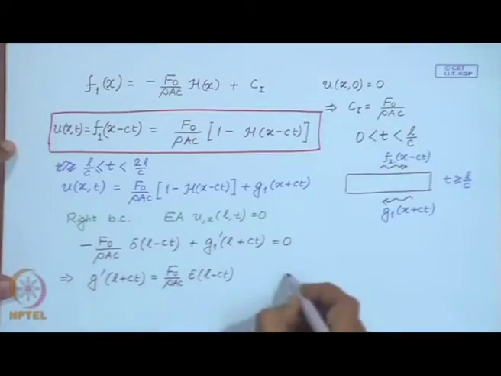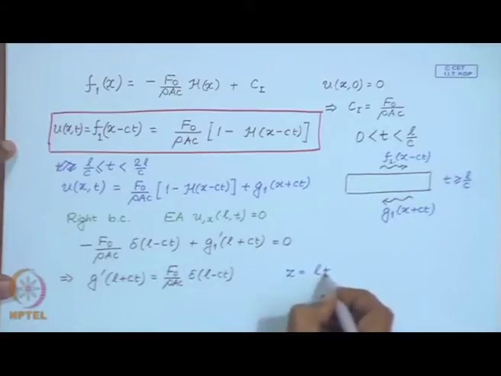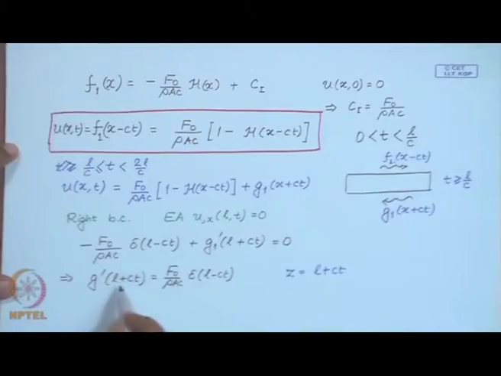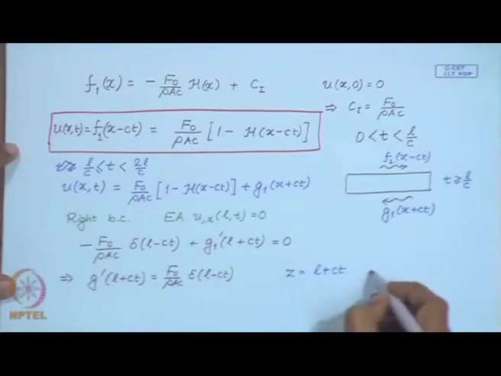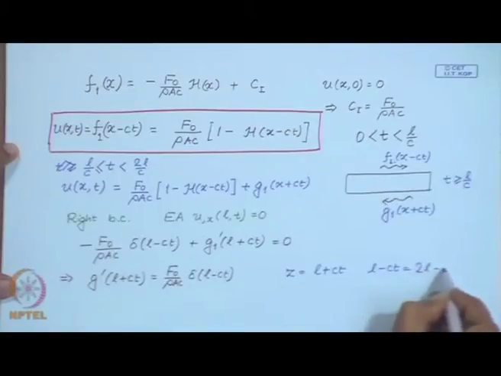now let me make a substitution. Let me substitute this L plus c t as z, because we want to have G prime of z. So, z is L plus c t, and that means this L minus c t can be written as 2 L minus z.